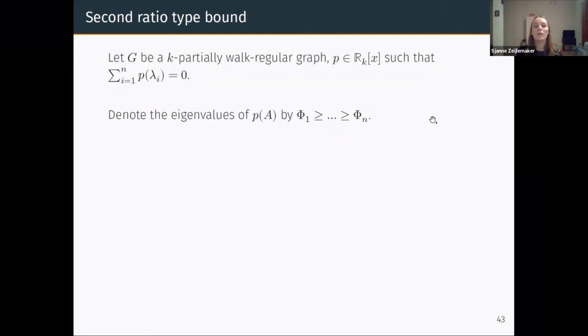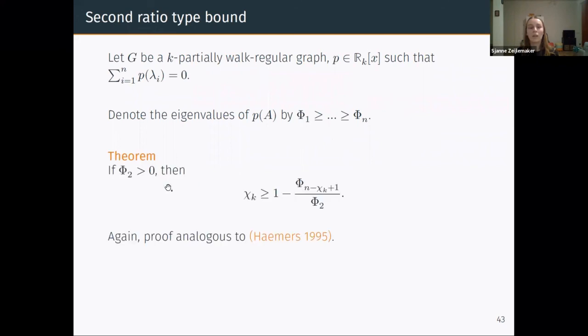And a second bound can be derived under the same circumstances as this second inertia bound. So if we have k partial log regularity again, and some degree k polynomial which sums to 0 on the eigenvalues, then we can also get a bound in terms of the eigenvalues of this matrix P of A. So if the second eigenvalue of this matrix is still strictly positive, we get an implicit expression for Hk.